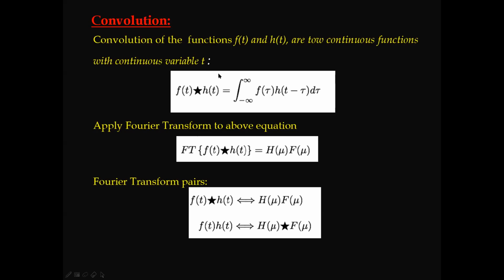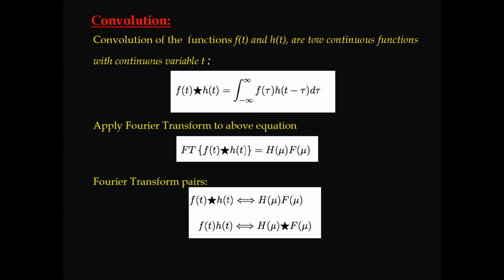Or if any two functions are multiplied in the time domain, you can see here f of t into h of t multiplied in the time domain, their spectrums are convolved in the frequency domain. So when we are dealing with convolution, we should know two things. If convolution is present in one domain, in the opposite domain we have a multiplication. So there is a relation between convolution and multiplication.